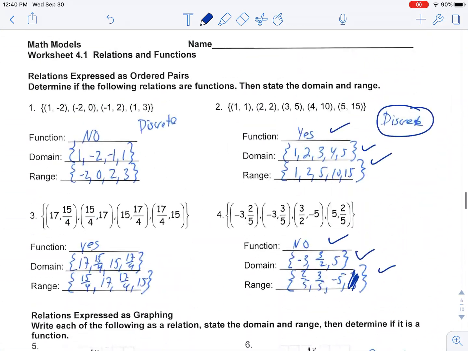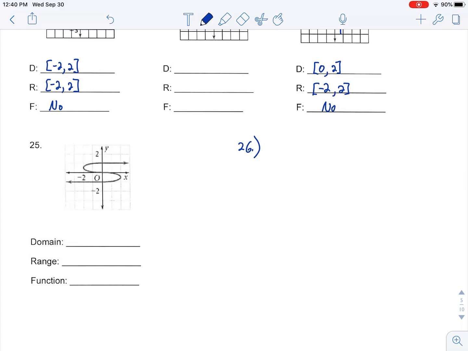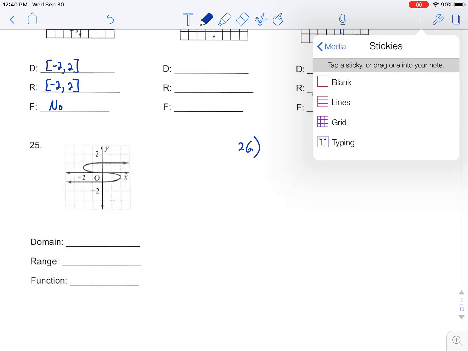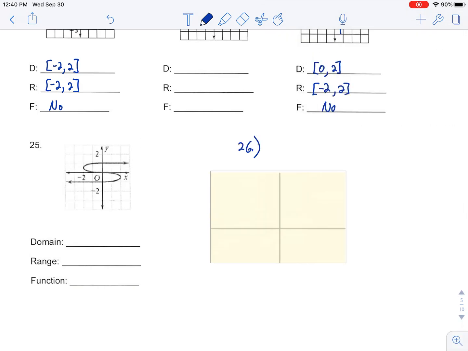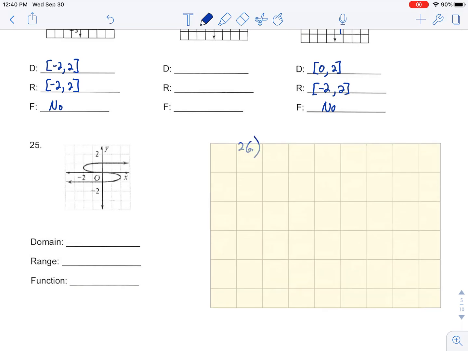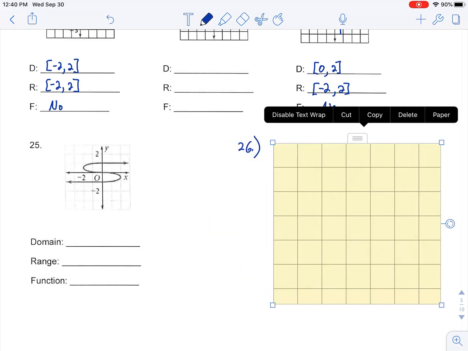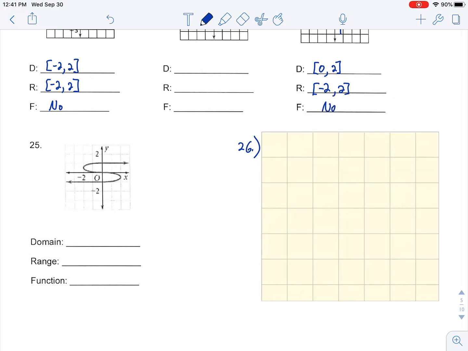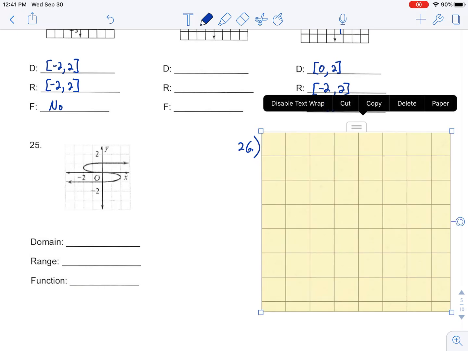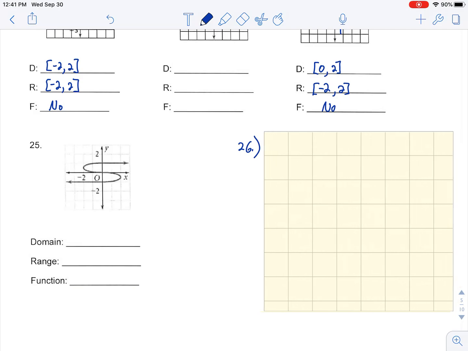I'll just make up another one real quick. Let's do, here's my x-axis. Oh, wait, you know what I can do? Plus, stickies, grid. Sort of makes graph paper for me. I don't love it, but we'll call it good enough.